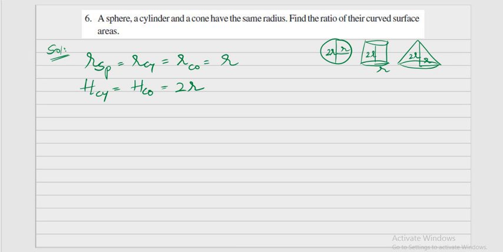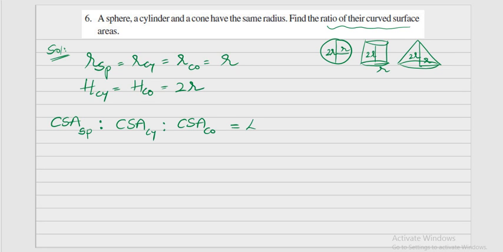Now directly what do I need to find? The ratio of their curved surface areas, no? So ratio of curved surface areas means, CSA of sphere is to CSA of cylinder is to CSA of cone.